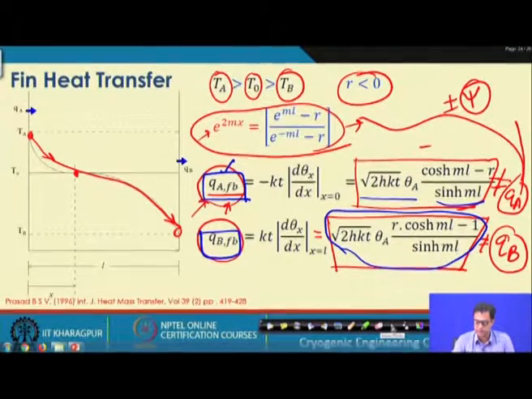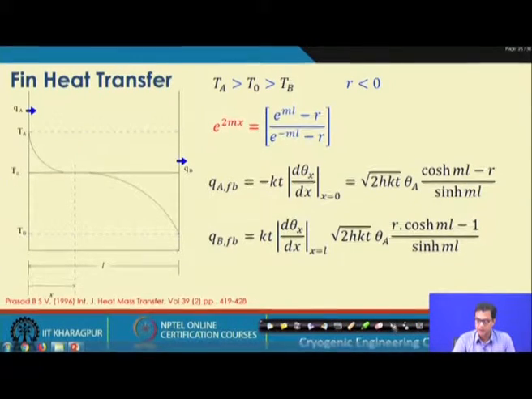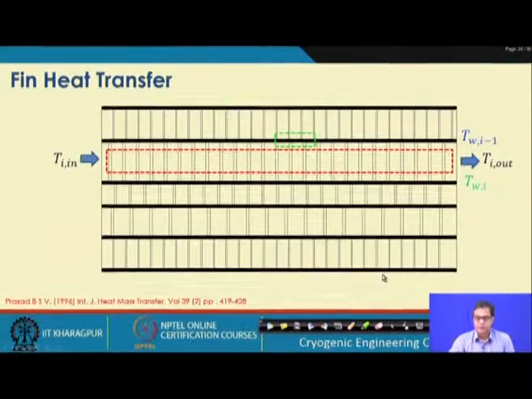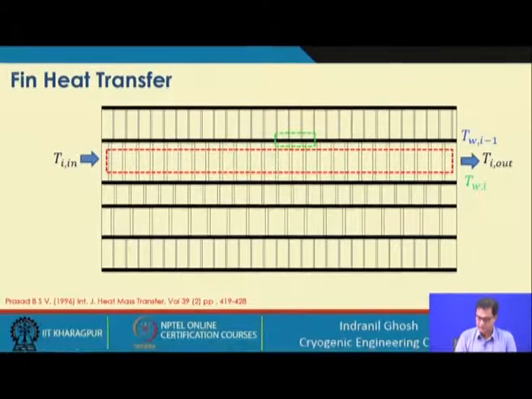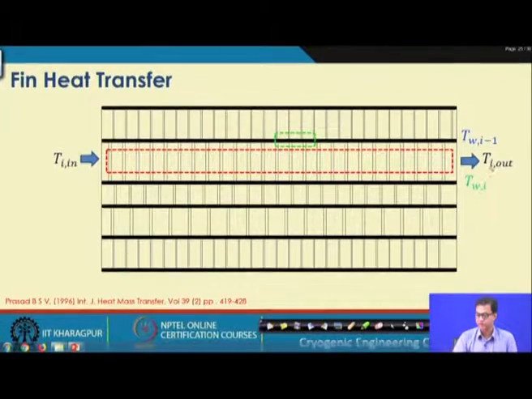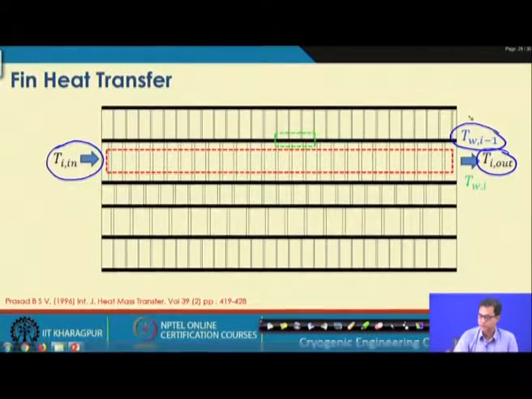So now, based on this information, we will go back to where we started, a generalized heat exchanger configuration where there may be n number of fluid streams and n plus 1 number of wall temperatures. Here this is the inlet temperature and this is the outlet temperature of a fluid stream surrounded by these two walls, T W i and T W i minus 1.